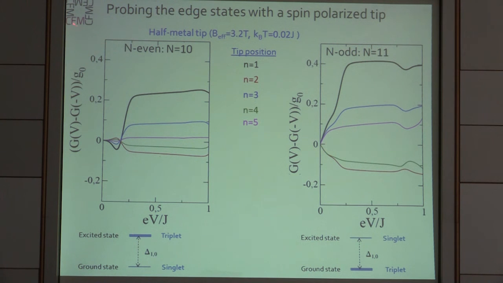In both cases, we have a quite high magnetic asymmetry, and especially important in the case of odd spin chains where the ground state of the system is the triplet. But notice how, as we go between neighboring atoms, the first here in black, then the red one, blue, we are always changing the sign of this asymmetry.